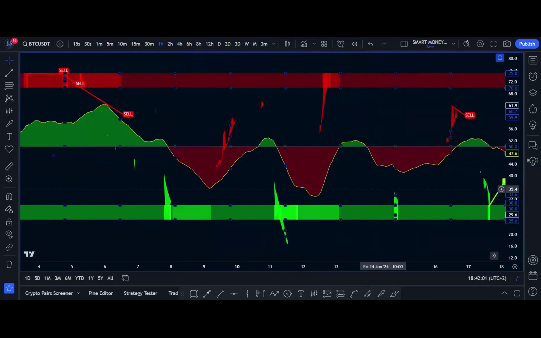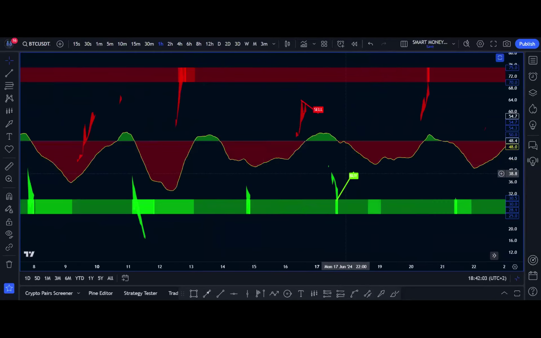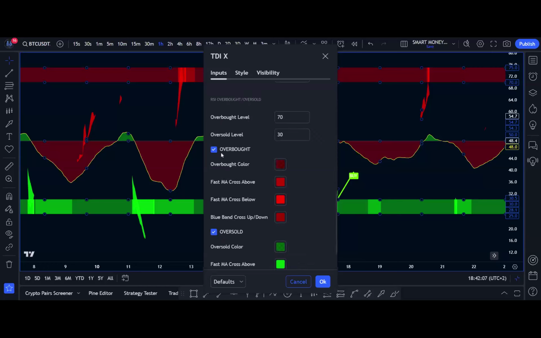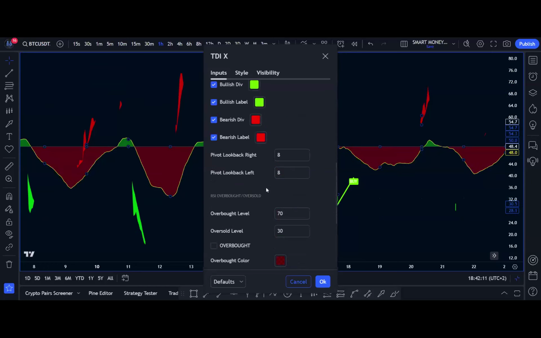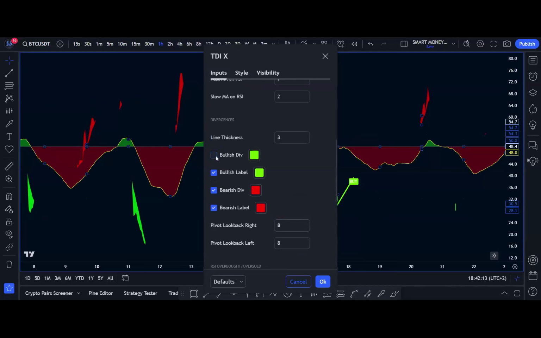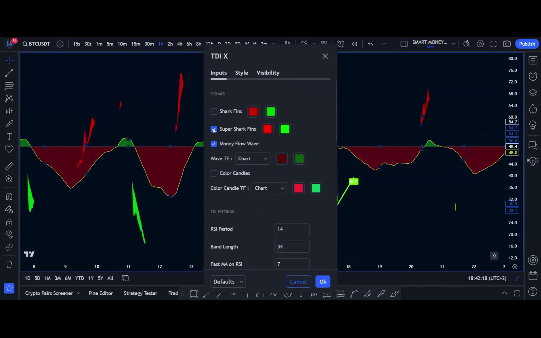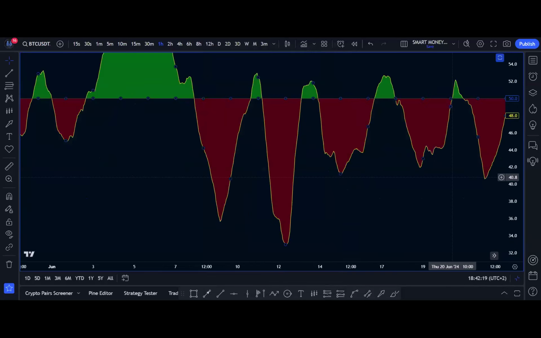Okay. So you can see over here, I just want to remove these overbought, oversold lines. Just want to make this really nice and clear to understand. There we go.